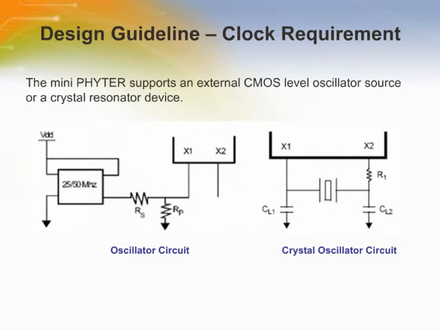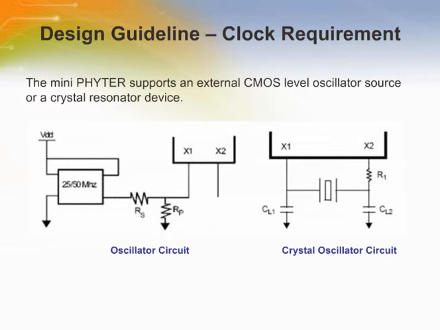Many PHYTER family products support either an external CMOS level oscillator source or a crystal resonator device. The X1 pin is the clock input, requiring either 25 or 50 MHz depending on the MII mode used. In MII mode, either a 25 MHz crystal or a 25 MHz oscillator may be used.